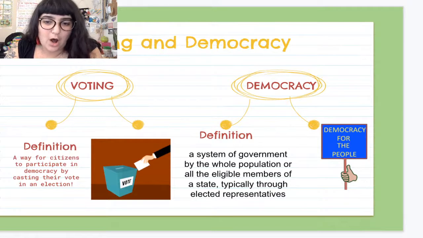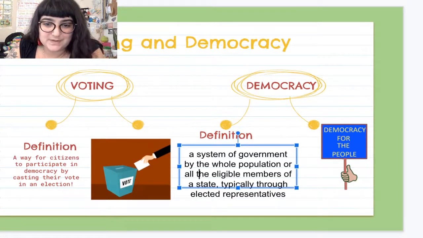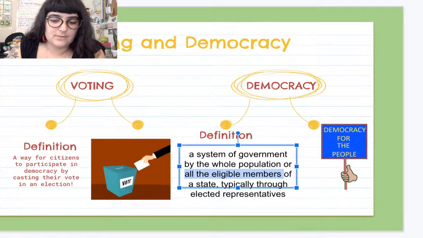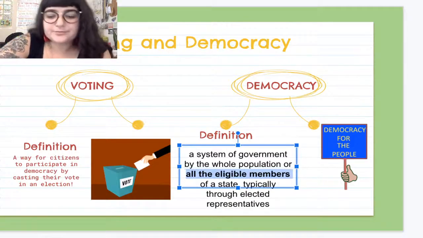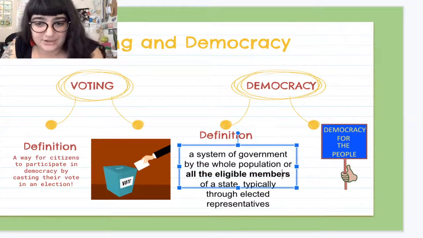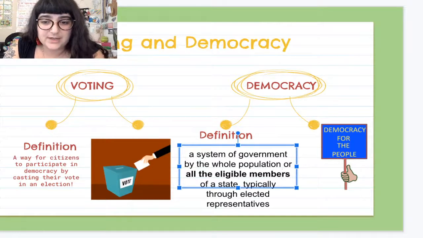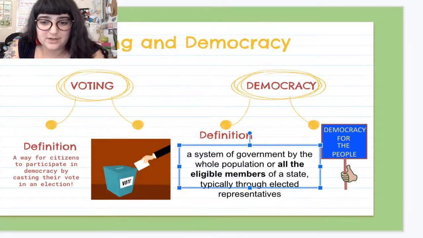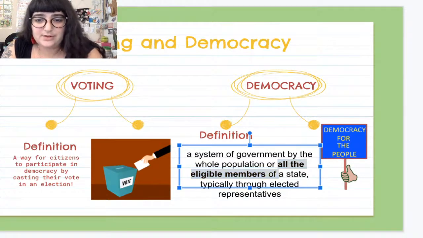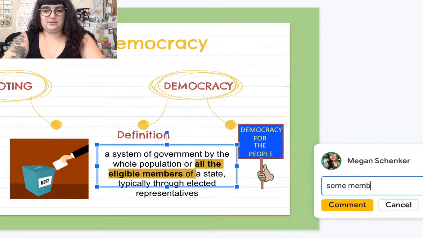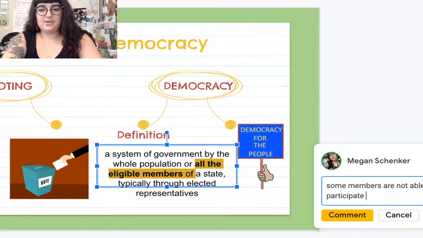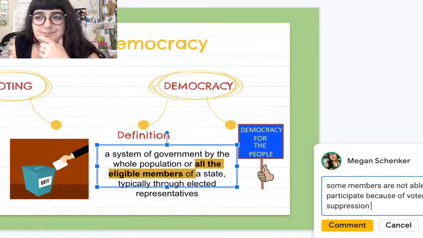Keyword, all eligible members, because this is where we're going to talk about voter suppression and how this really has to do with all eligible members. Well, some members really are not able to participate because of voter suppression. And we will talk about what exactly voter suppression is.